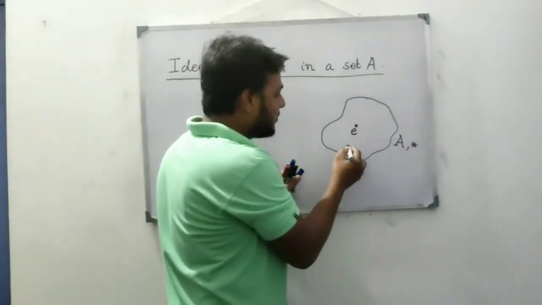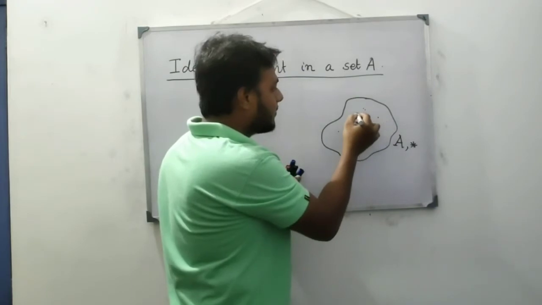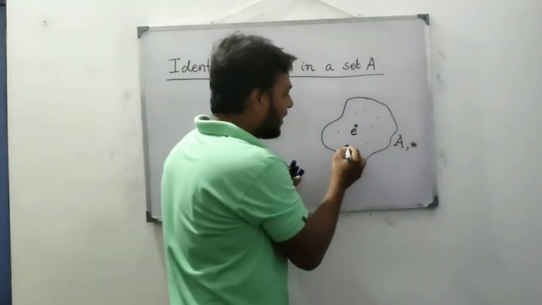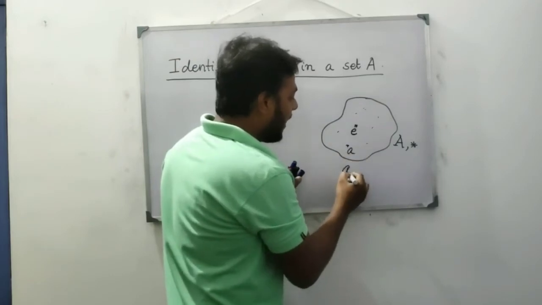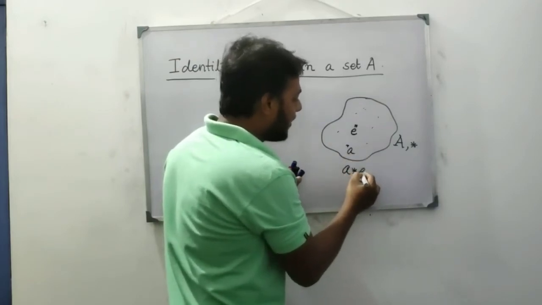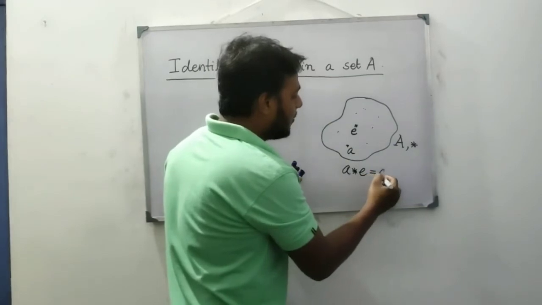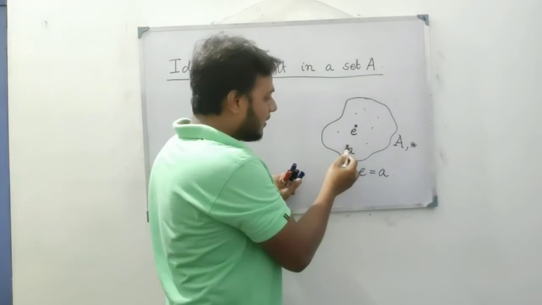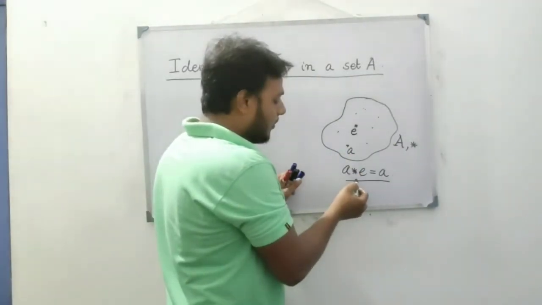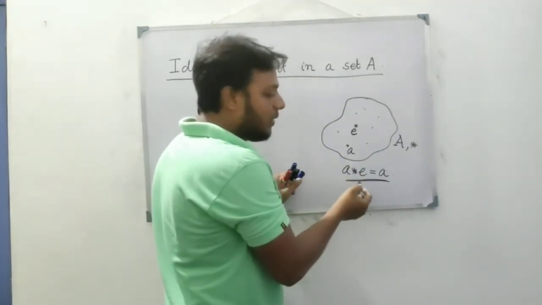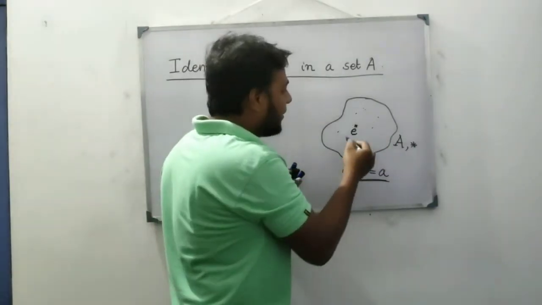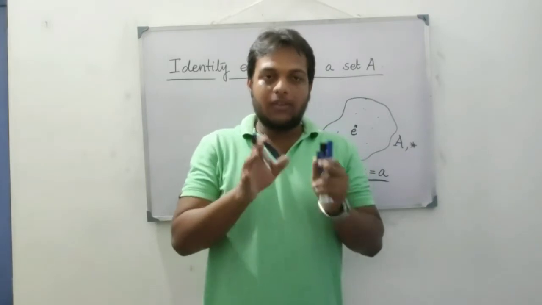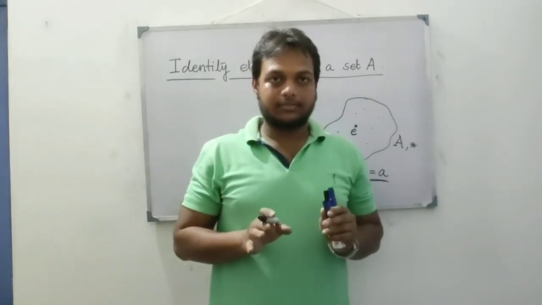That means suppose there are so many other elements, and if we apply this operation star, considering any one element A, then A star E ultimately will be A. And this will happen for any other element of this set A. That means suppose in a room we are 5 persons.